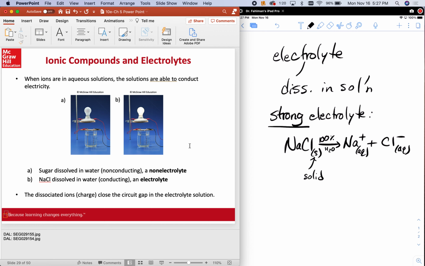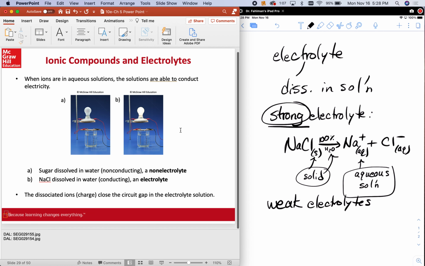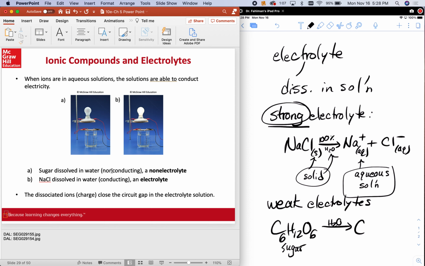And if something is not broken apart at all, like sugar, C6H12O6, for instance, and you put that in water, this is a type of sugar, it's not going to break apart. It'll actually stay C6H12O6. So it goes from solid to aqueous.